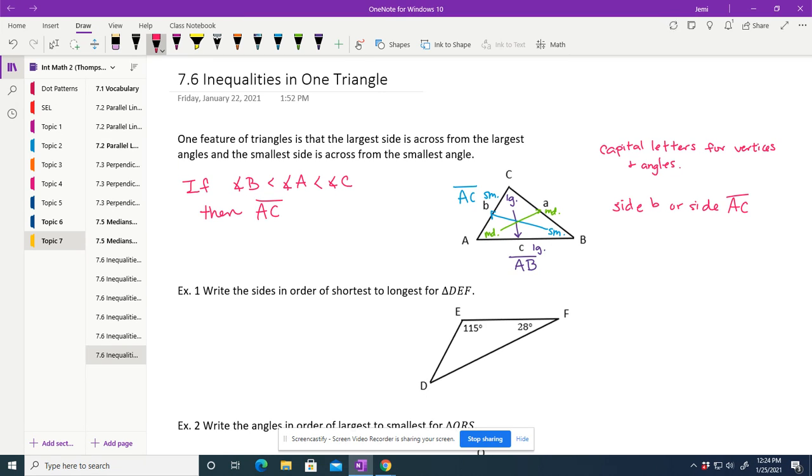So AC is going to be less than BC, which is across from angle A, which is less than the largest one. So largest angle is C, largest side is AB. This could also be written as b is less than a is less than c, for lowercase letters.